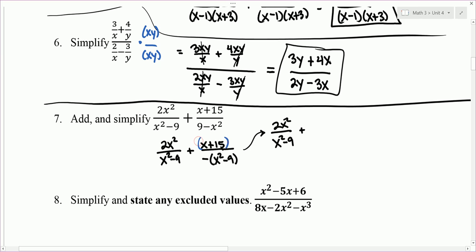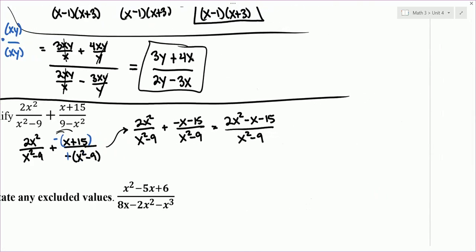So when I multiply the top part by negative 1 and the bottom part by negative 1, now we have, distribute the negative, negative x minus 15 over x squared minus 9. Common denominators, we can go ahead and add the fractions. 2x squared minus x minus 15 over x squared minus 9.